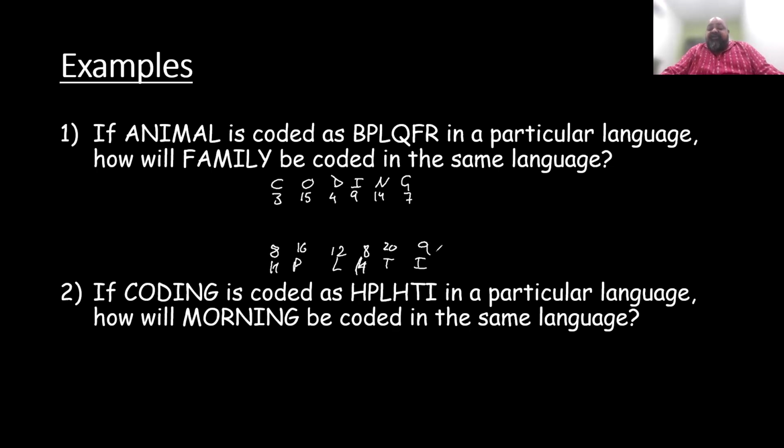So first C to H is +5, then +1, then +8, then a -1. Clearly, there is no direct code there. If I add the numbers, C and H add up to 11, O and P add up to 31. Again, no clear order there. And therefore, I also look at positional shift. So if I look at the first, say this H and take it here, this is a +1. 14 to 16 is a +2. 9 to 12 is a +3. 4 to 8 is a +4, and so on.